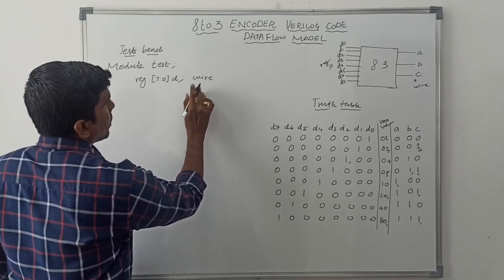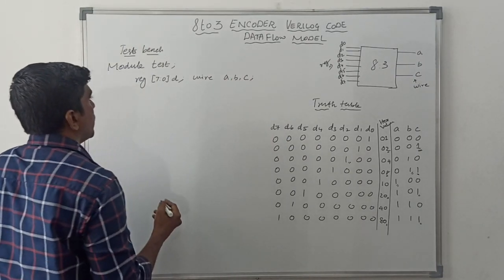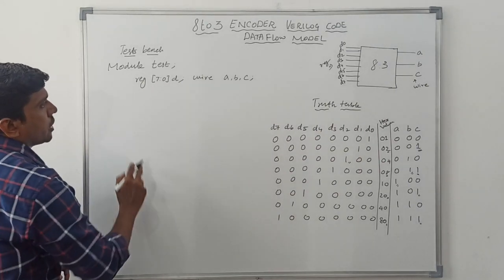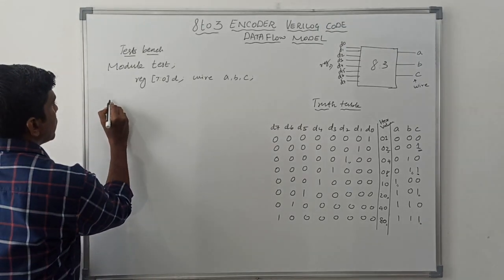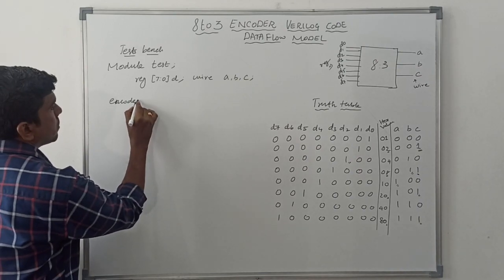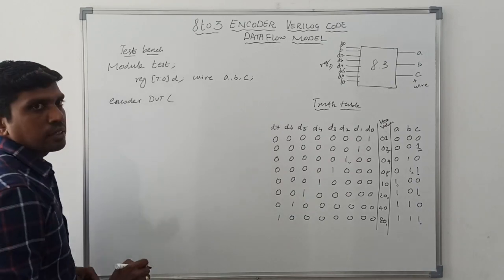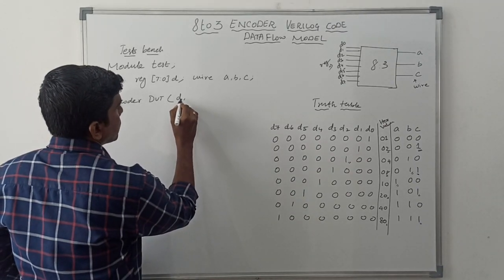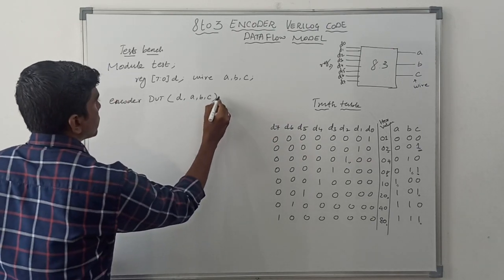Then declare the output variables as wire A, B, C. Then the module name: while writing the Verilog program, that module name is encoder. So you write that name, then DUT, for device under test. Then declare the instantiation (D, A, B, C).